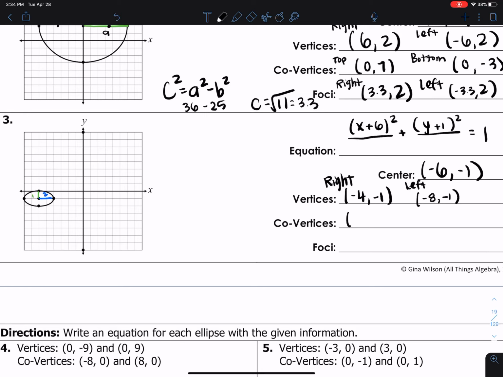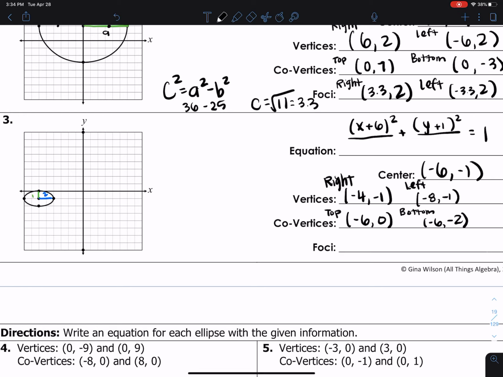For the co-vertices, we have (-6, 0). This is our top co-vertex, and then our bottom is (-6, -2).